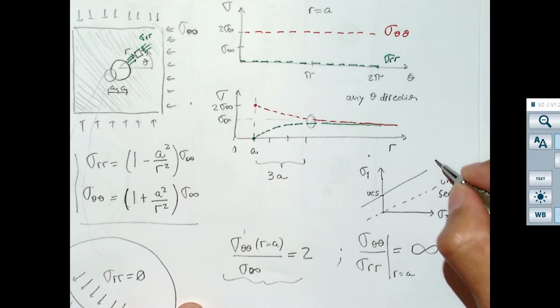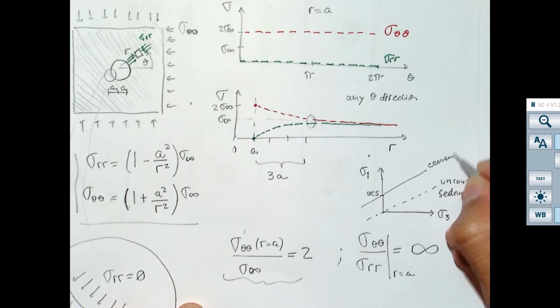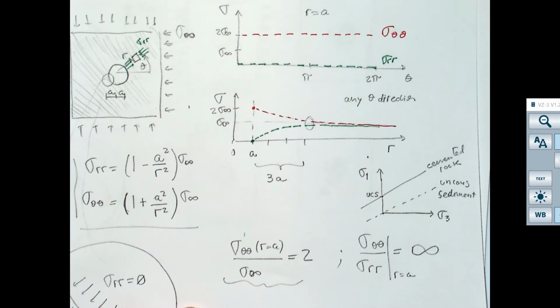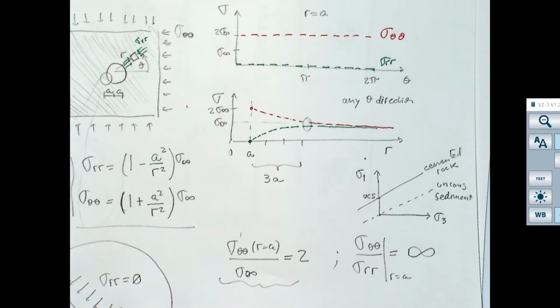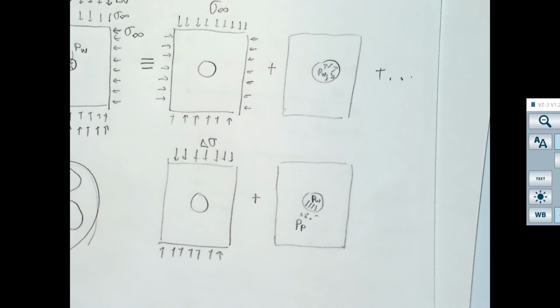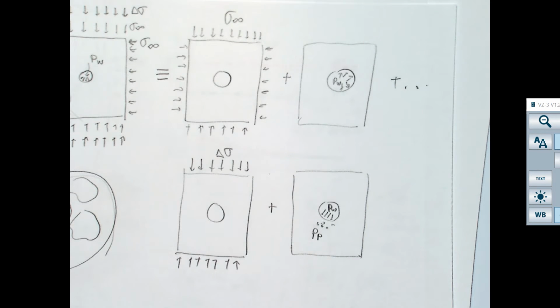So this is an unconsolidated sediment, this is a cemented rock. Okay, so let's move now to the next one. So we did this one, and we see that by putting a wellbore, stresses change, and now we need a cemented rock in order to support the wellbore.